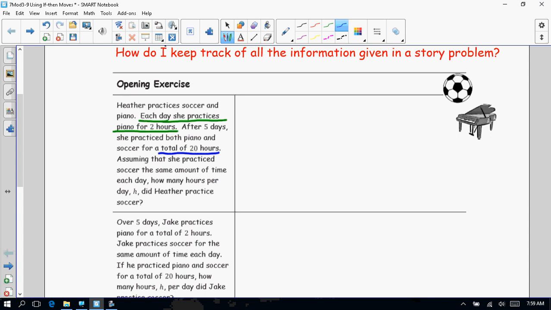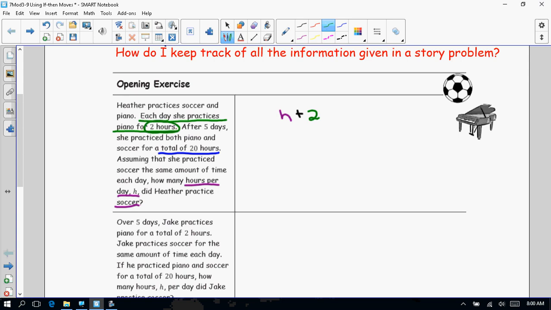All right, so we're going to use the letter H to represent the number of hours per day that she is practicing soccer. It says that she does both soccer and piano. Well, we don't know what the soccer is, so we're going to put the letter H, plus we know that she practices piano, and we know how many that is. We know it's 2.